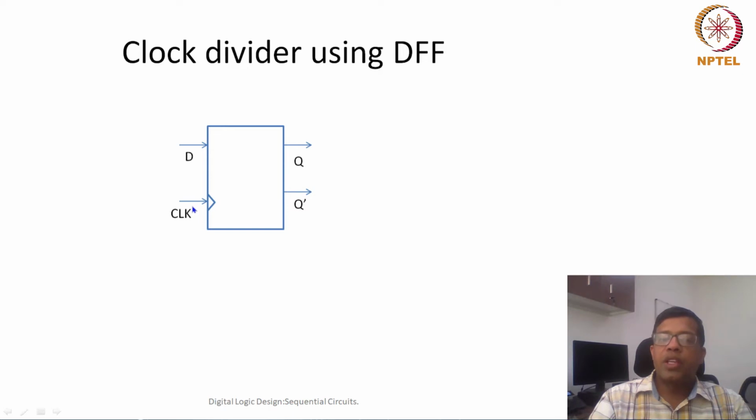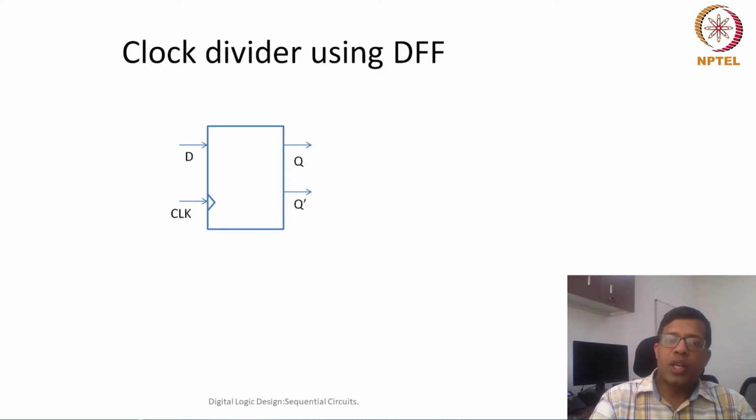I know that at the positive edge of the clock, this D would be transferred to Q. So if I make sure that at every clock edge my D alternates between 0 and 1, then this will make a new clock which would be half the frequency.